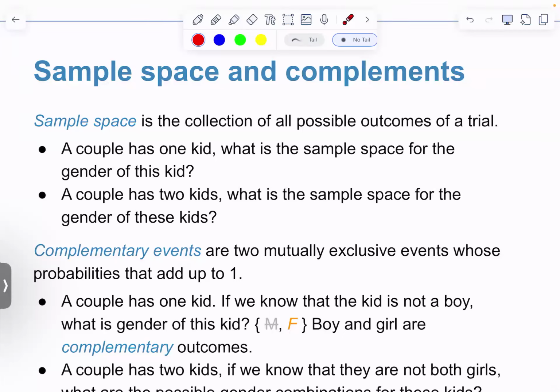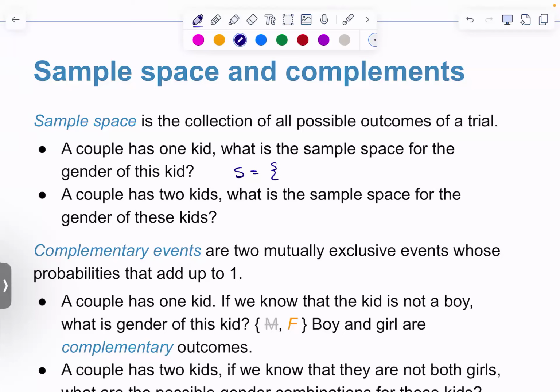Sample space. We've already introduced it, right? The sample space is the collection of all possible outcomes of a trial. So a couple has 1 kid, 1 baby goat. What's the sample space for the gender of this kid? Well, the sample space, S, we're going to use a capital S to denote the sample space, is going to be, and I'm going to use set notation here.